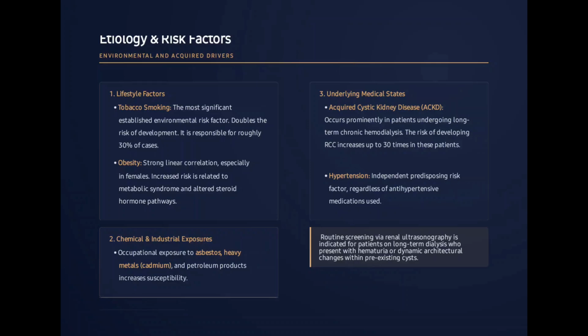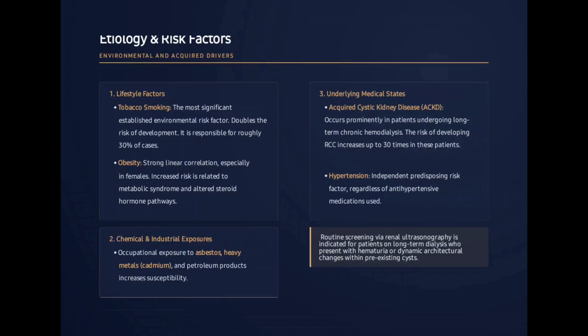The increased risk is related to metabolic syndrome and altered steroid hormone pathways. Chemical and industrial exposure also increases the risk of RCC. Occupational exposure to asbestos, heavy metals, and petroleum products increases susceptibility. Underlying medical states like acquired cystic kidney disease occur prominently in patients undergoing long-term chronic hemodialysis.